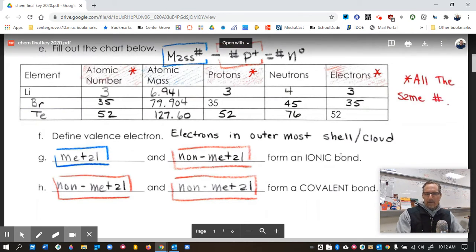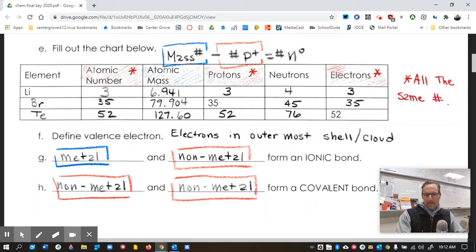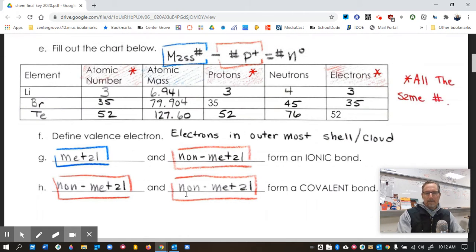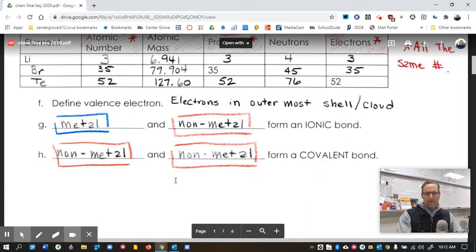And then we talked about ionic bonding and covalent bonding. In an ionic bond, you have metals that are transferring their electrons over to nonmetals. In a covalent bond, you have a nonmetal sharing its electrons with a nonmetal.